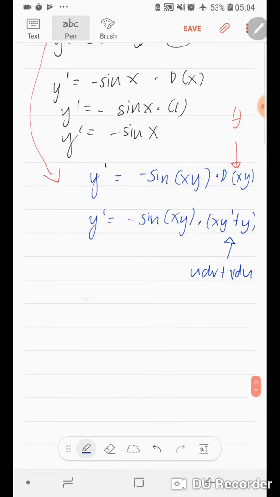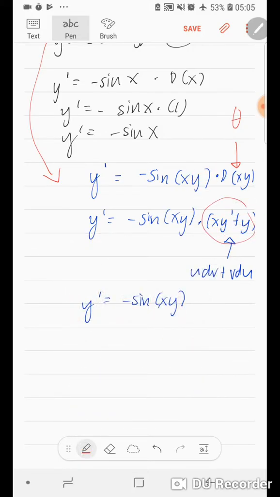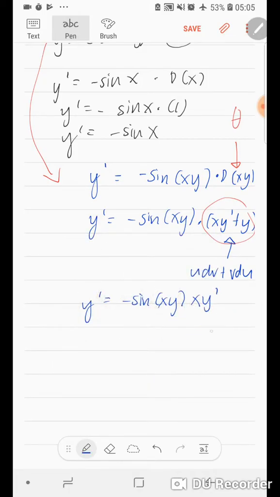Okay, and y prime, the next best thing to do would be to distribute this one. So negative sine of xy times xy prime plus negative sine of xy times y. So the y is here.